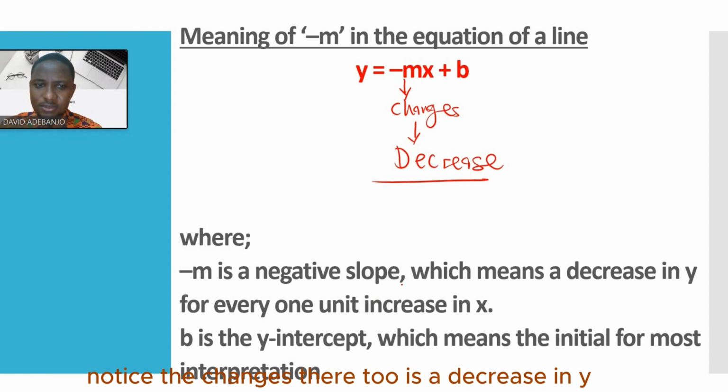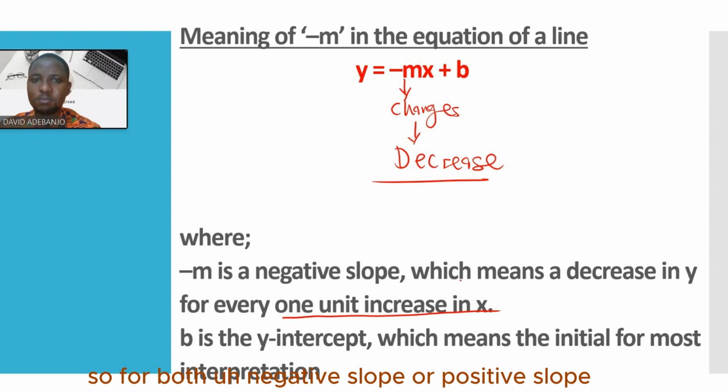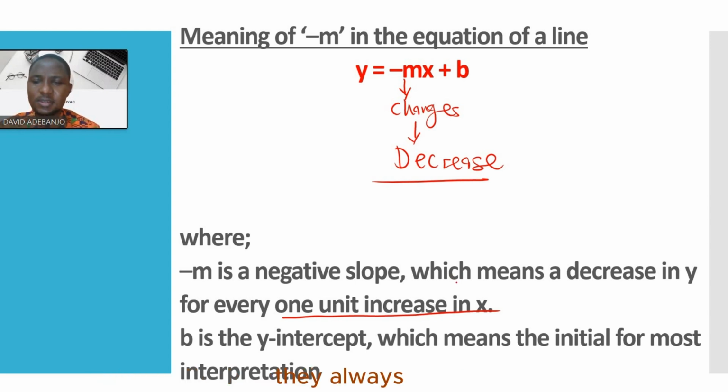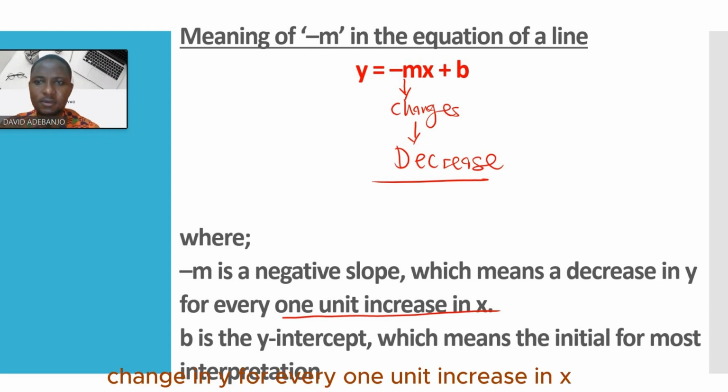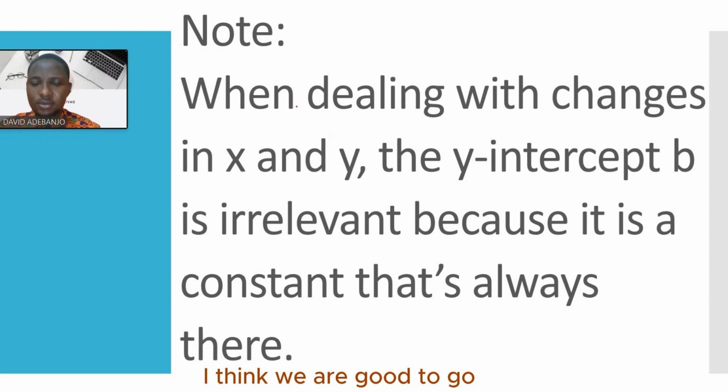Notice the change here too is the decrease in y for every 1 unit increase in x. So for both negative slope or positive slope, they are always the change in y for every 1 unit increase in your x value. Thank you, and I think we are good to go.